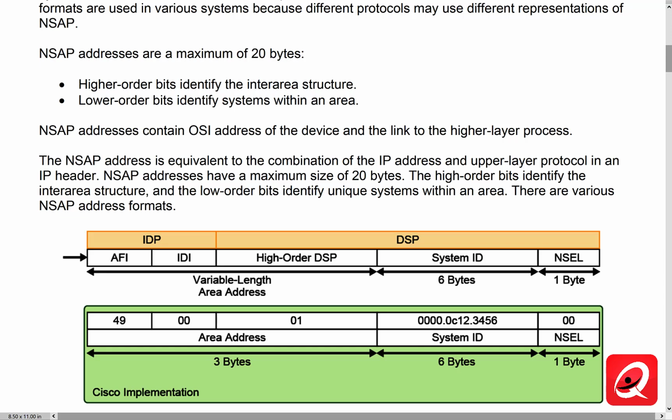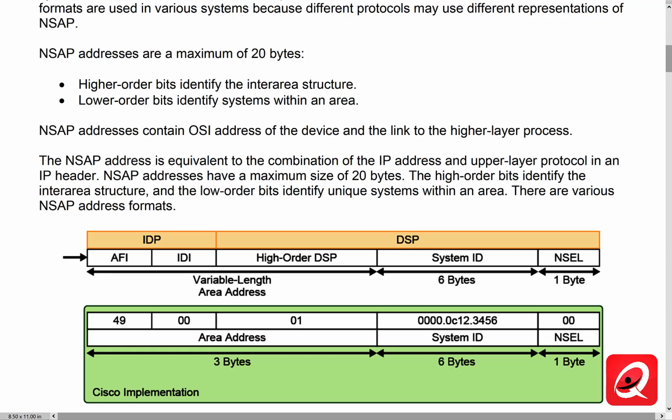The area address is a variable length field, anywhere from 1 to 13 bytes. And that composes what we would refer to as the higher order NSAP octets, which include the system ID and the NSEL. At least 1 byte for the AFI, and the AFI set to 49 plus whatever the area ID is.